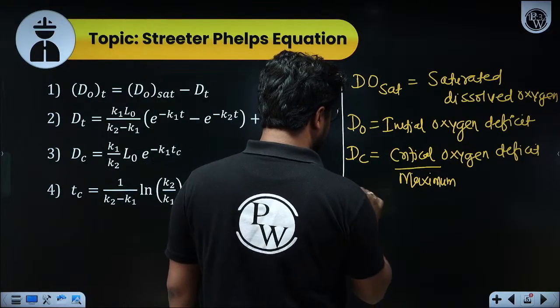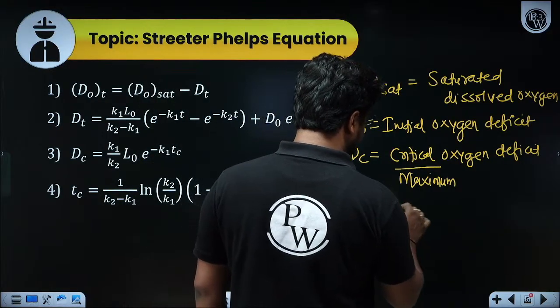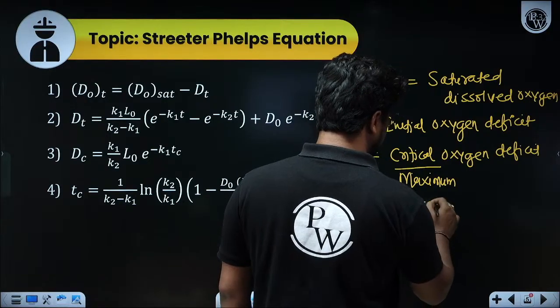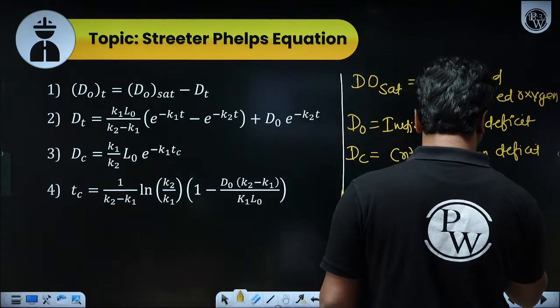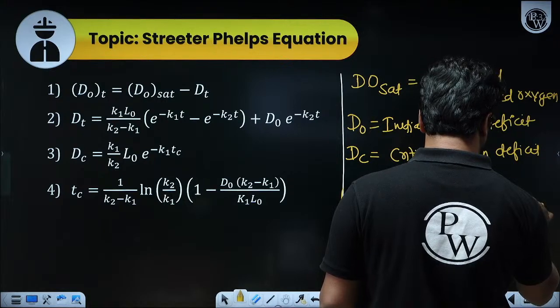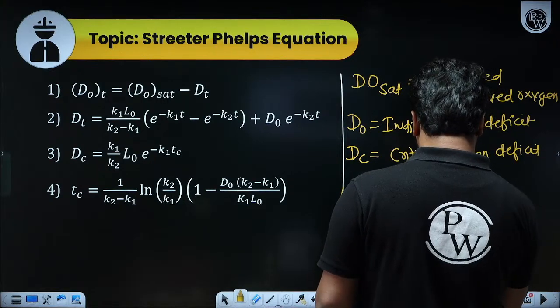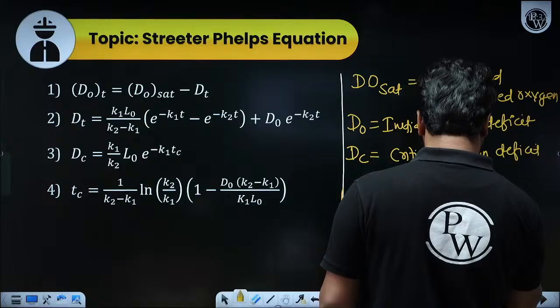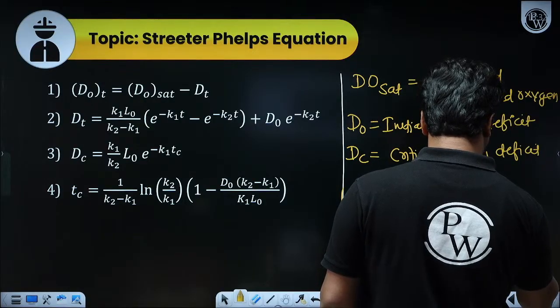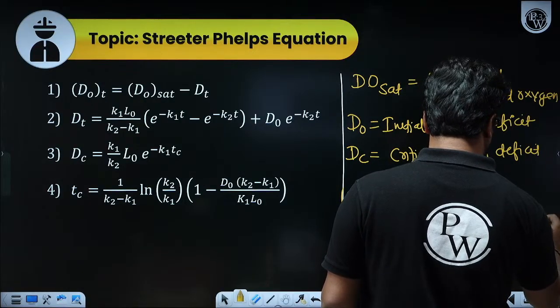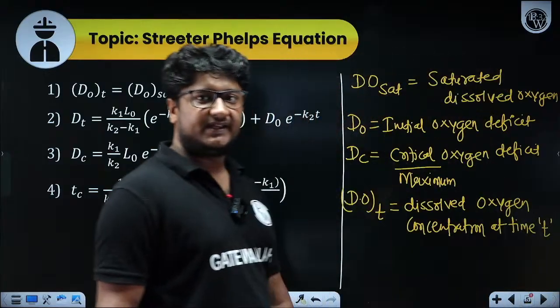Then DOT. DOT is the dissolved oxygen concentration at time T or after time T.